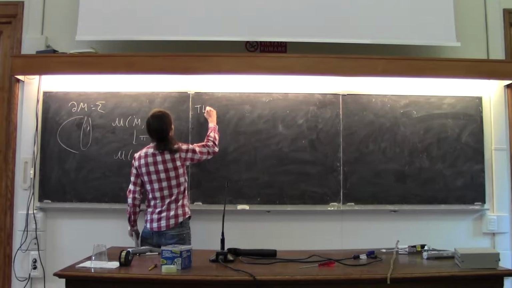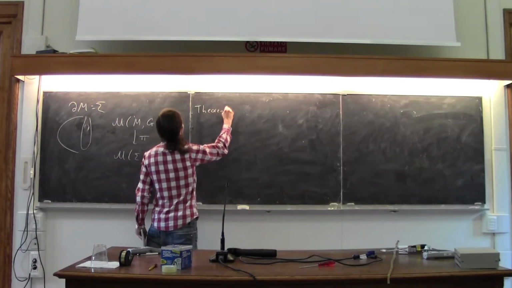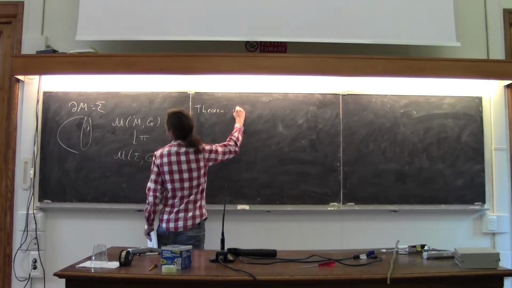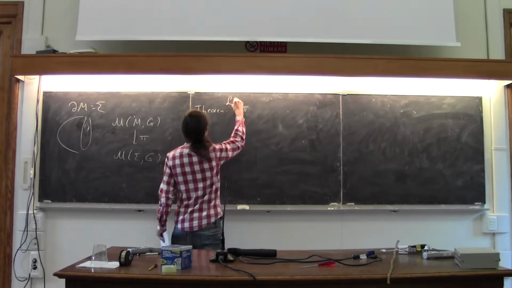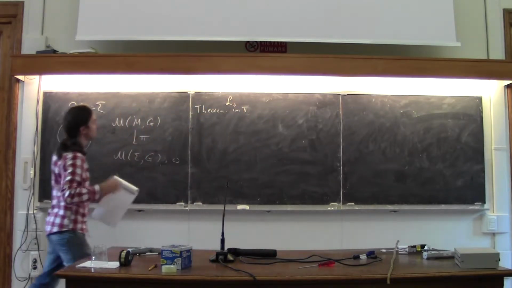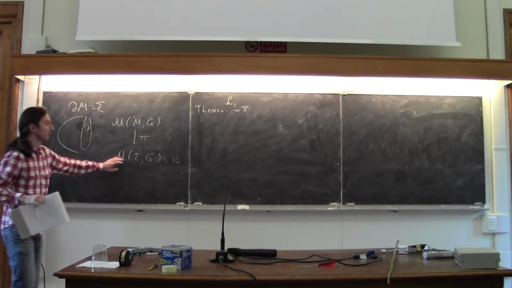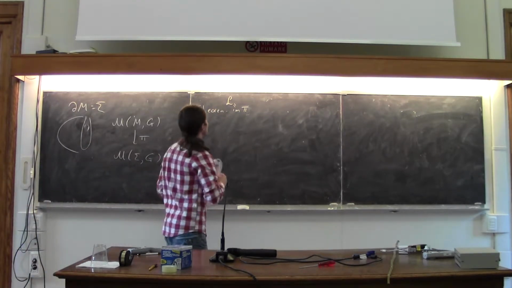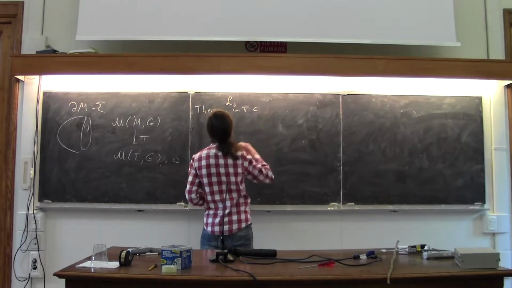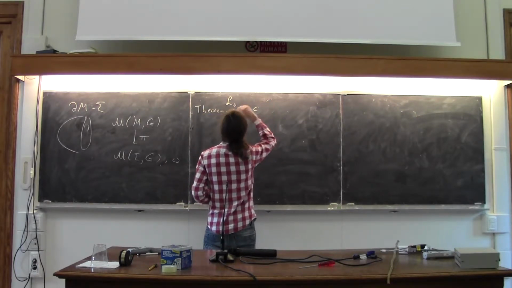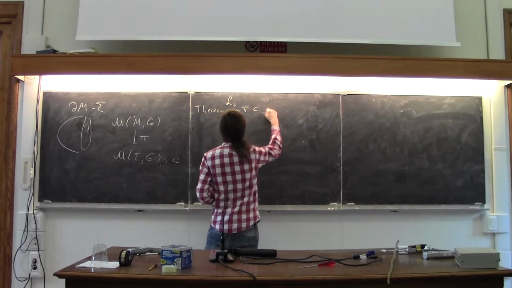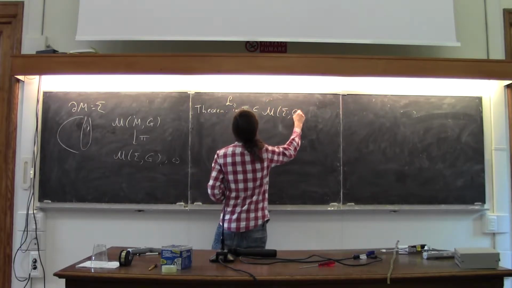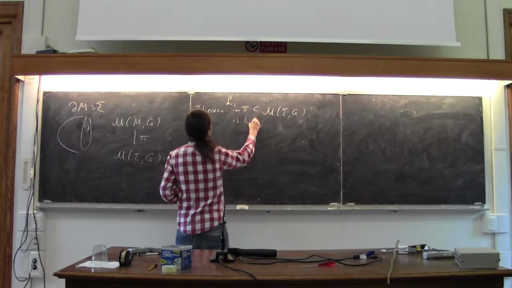And the theorem is that the image is Lagrangian. So L curly will be this Lagrangian submanifold inside the moduli space downstairs, Lagrangian.